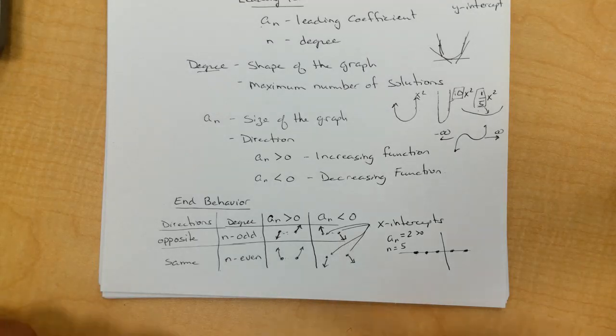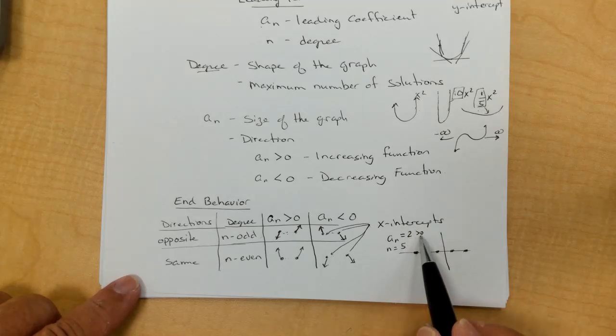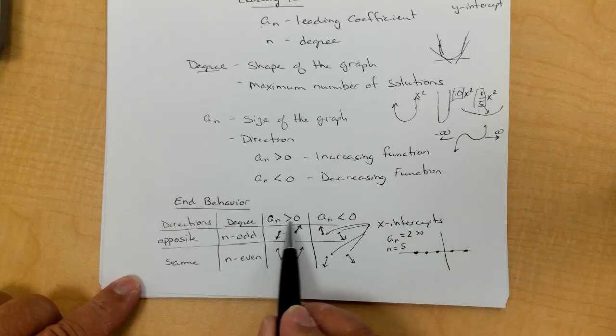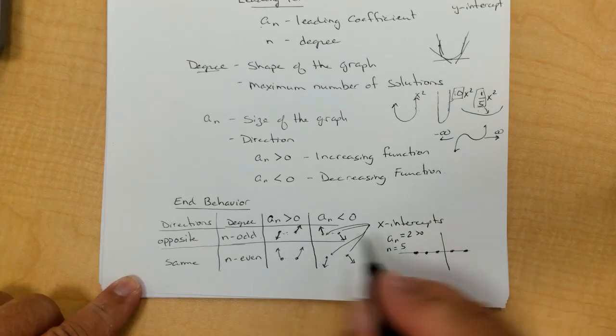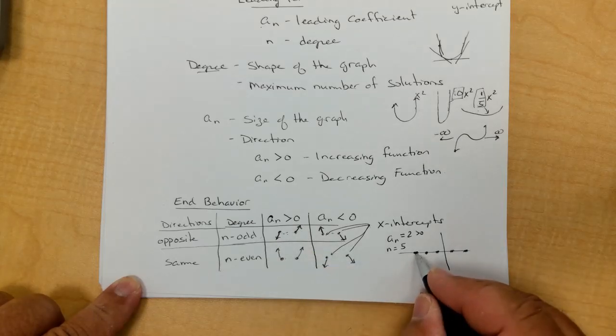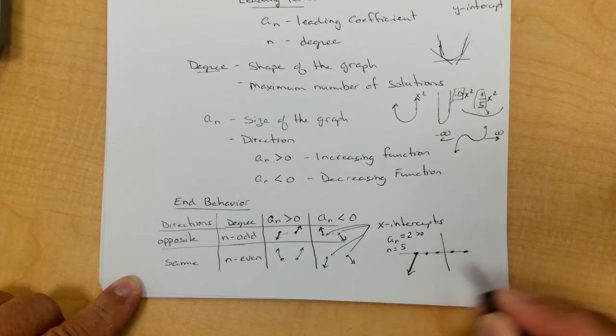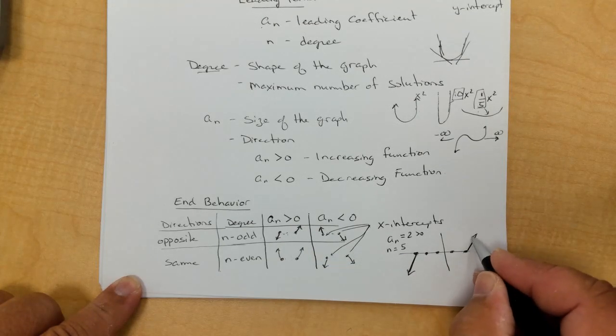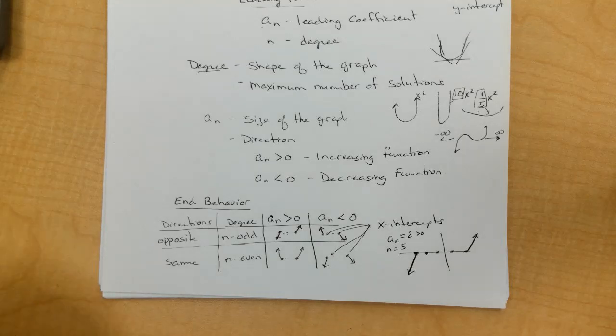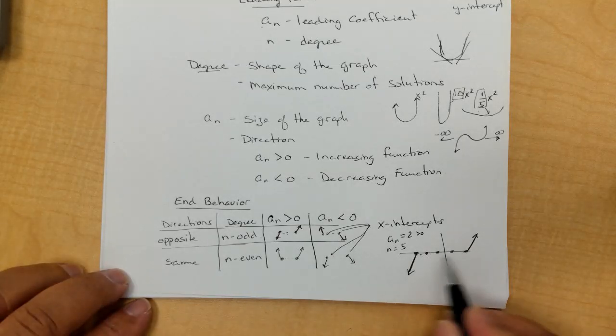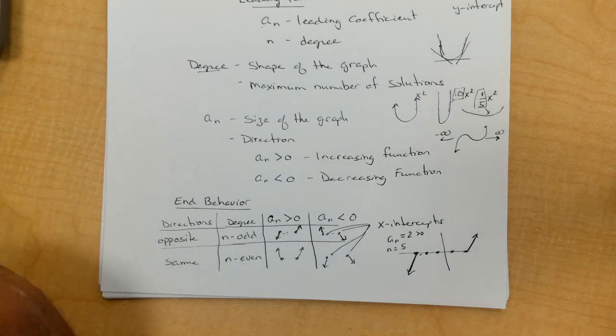Up on the right, because 2 is greater than 0, so a sub n is positive. So from the last point here, it's going to go up, and from the first point, it's going to go down. What we have to do is figure out what happens in between.